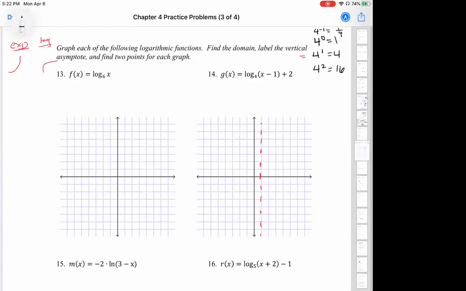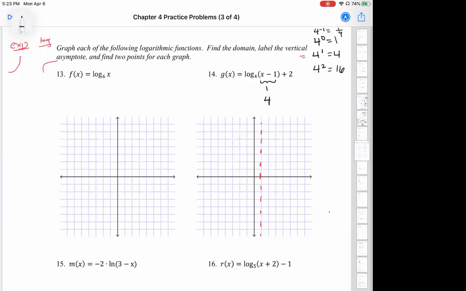I want to make that a 1 or a 4, and ideally not 16, because that doesn't fit on my chart.